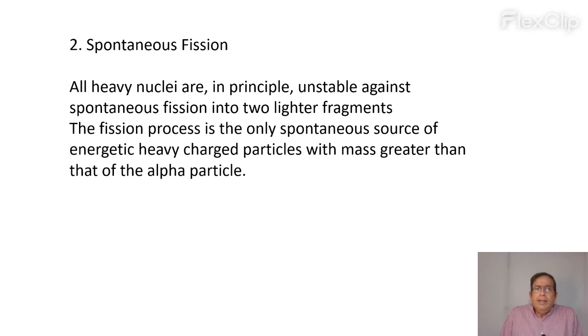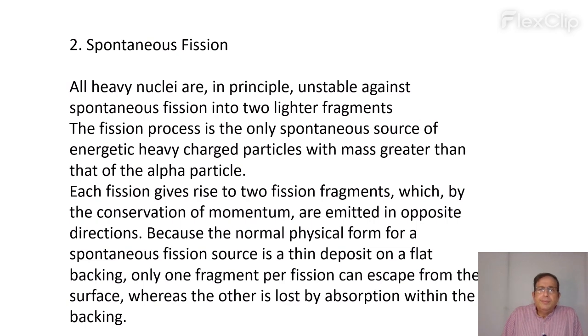Then the ions that are produced, or the fragments of the nuclei that are broken up, are of a mass greater than that of the alpha particle. They are much heavier compared to the alpha particle. So each fission splits the nucleus into two fragments, and from the conservation of momentum, these two fragments move in the opposite direction.